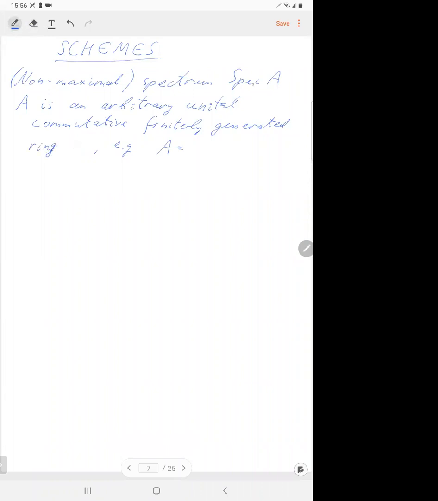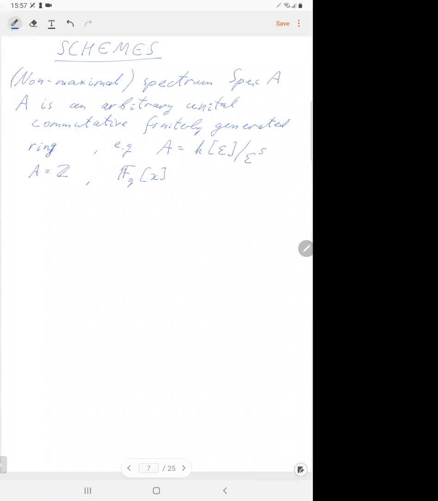So no ground field anymore. So it can be still the ground field like this, but with nilpotence. Or it could be just integers, or the ground field could be not algebraically closed, like this. So any ring like this, no restrictions whatsoever.